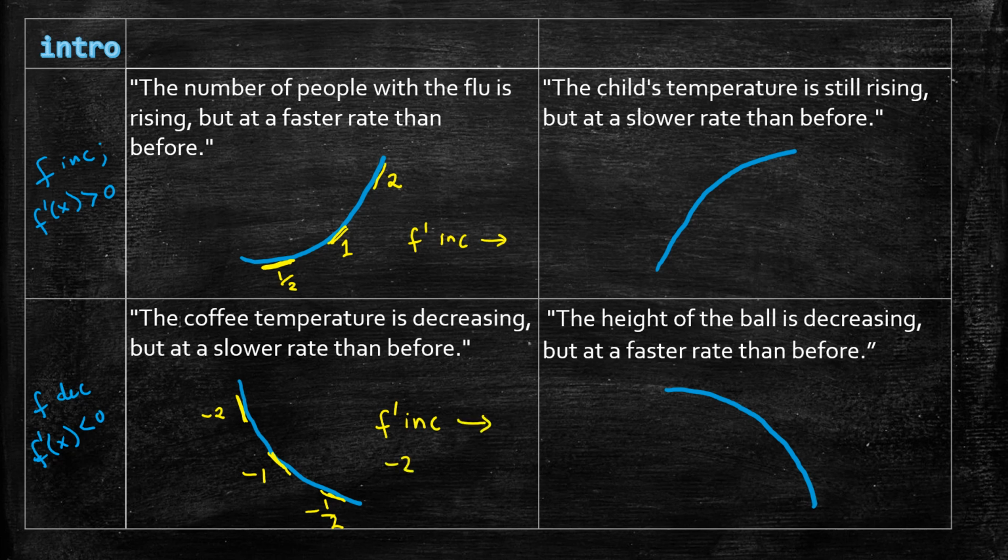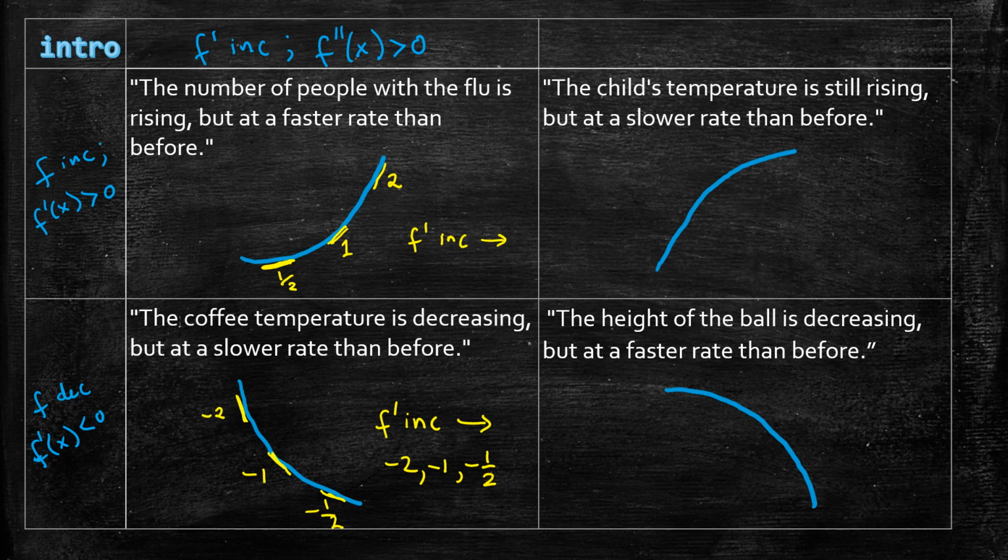It's just increasing from -2 to -1 to -0.5, so it's becoming more positive. So in both scenarios, in the first column, we have a situation where f prime is increasing. Well, if f prime is increasing, that means any function that's increasing, we know its derivative is positive. So if f prime is increasing, the derivative of f prime, f double prime, has to be positive.